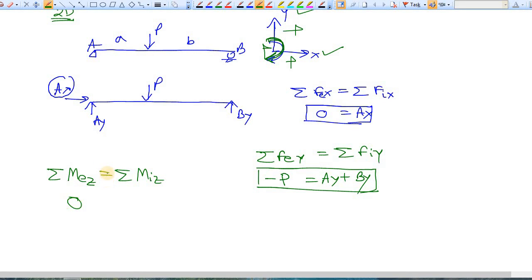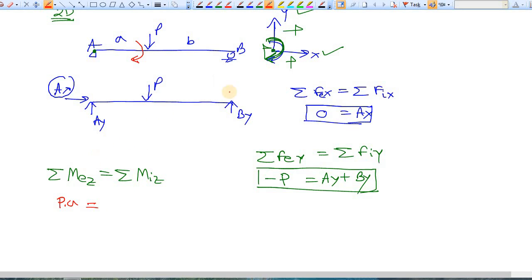Always moments are taken about a point, so let's say here we are taking about point A. About point A, what is the external moment? Well, P times A, and it is acting in a clockwise manner, so positive. This is equal to the internal moment, and we don't have any internal moment, so it is 0.